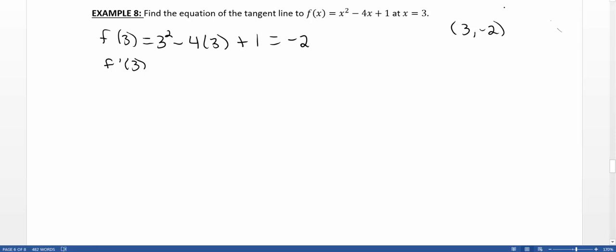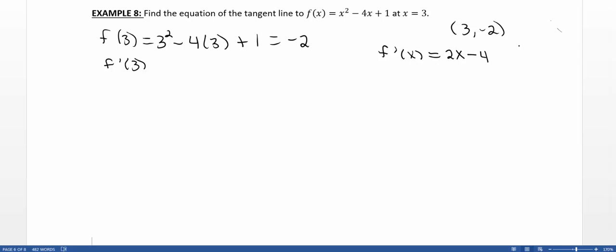Now, if we find the derivative, we'll be able to find the slope of the tangent line at 3. So we'll find the derivative of our function using our rules. The 2 comes down, and we subtract 1 from the power, minus the derivative of 4x is 4, and the derivative of 1 is 0 because 1 is a constant.